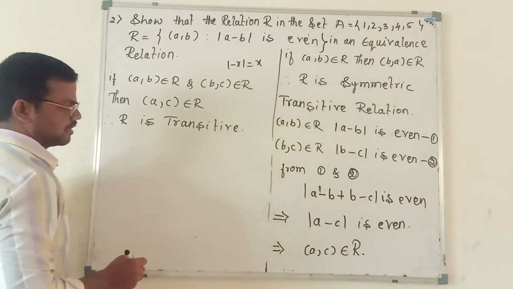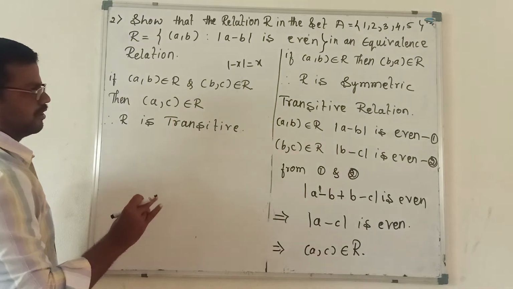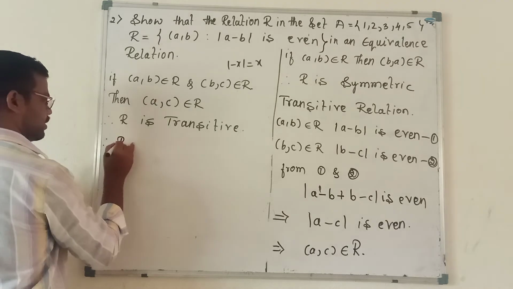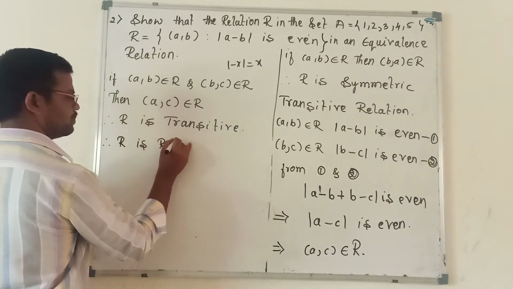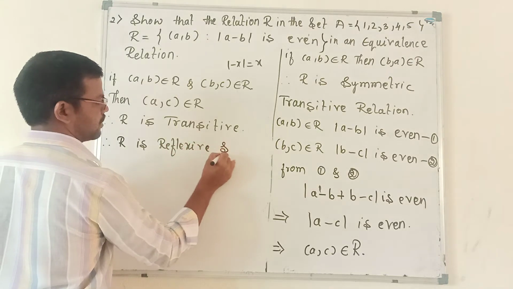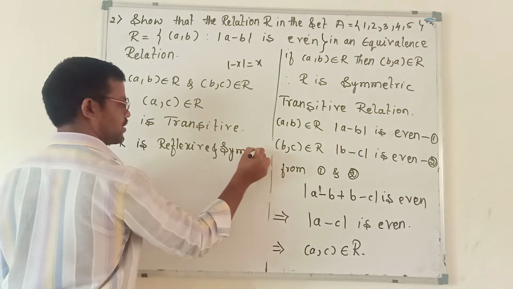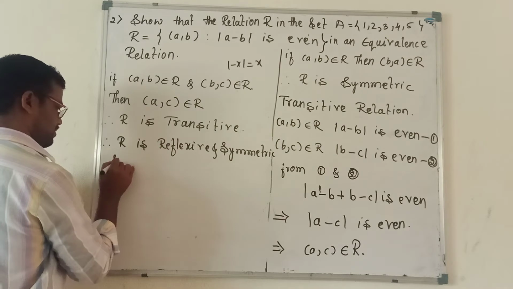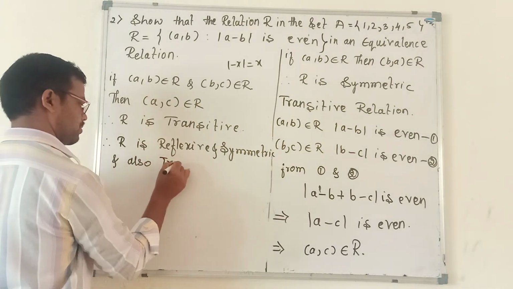So from this it confirms that the given relation is reflexive, symmetric and transitive. Therefore, R is reflexive, symmetric and transitive.